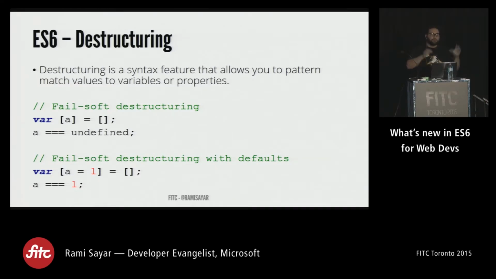So not only can you use it to do really cool syntax tricks, but you can also use it to define your interfaces for your functions quite more clearly and quite more deliberately. So you don't have to have an if something is not undefined and has a value at the beginning of every single function. You have to write that right now. You don't have to do that. You can set defaults. Which is pretty cool.